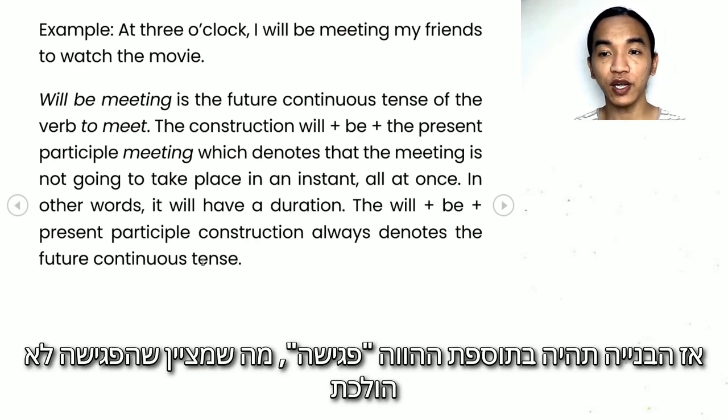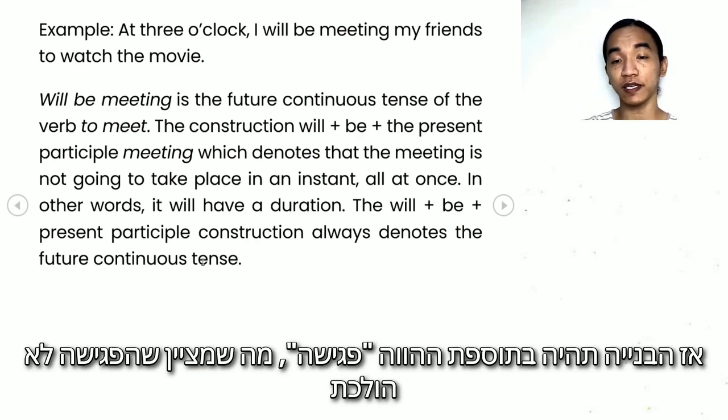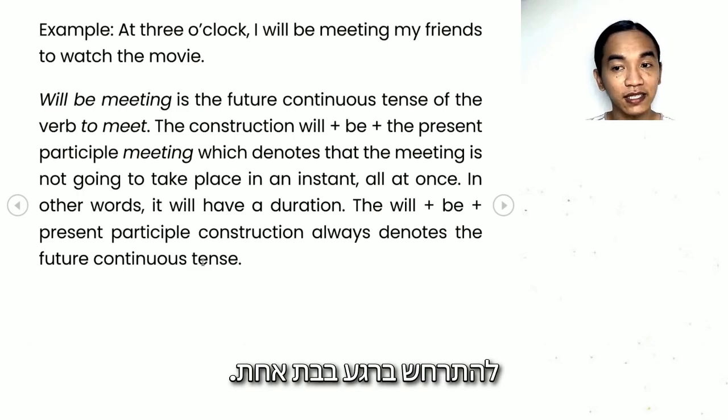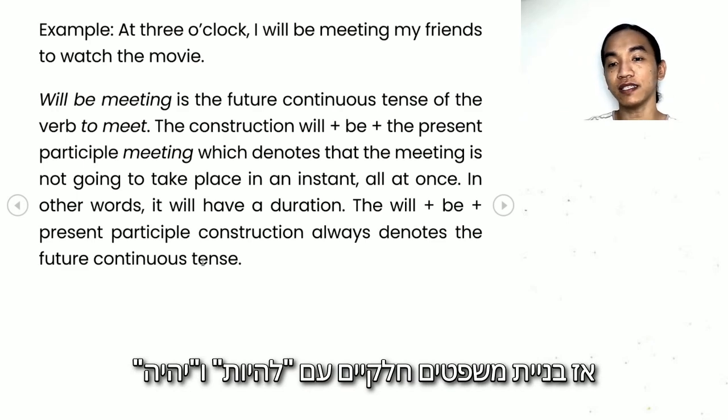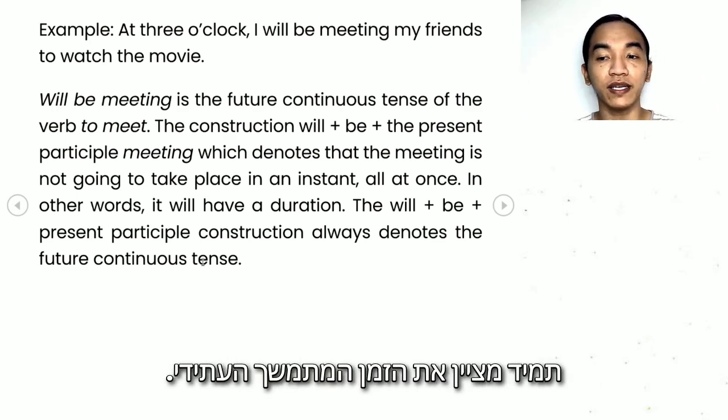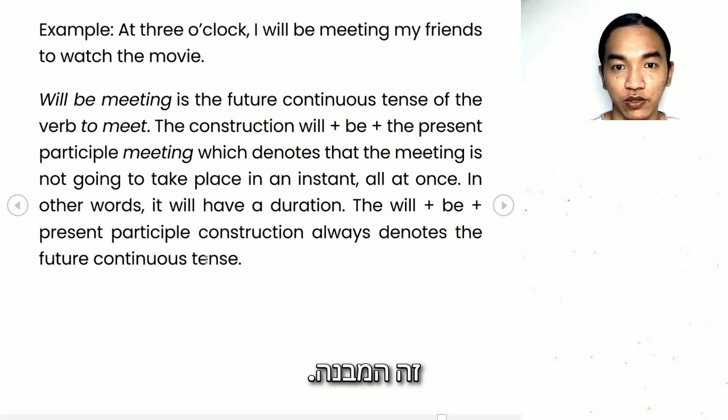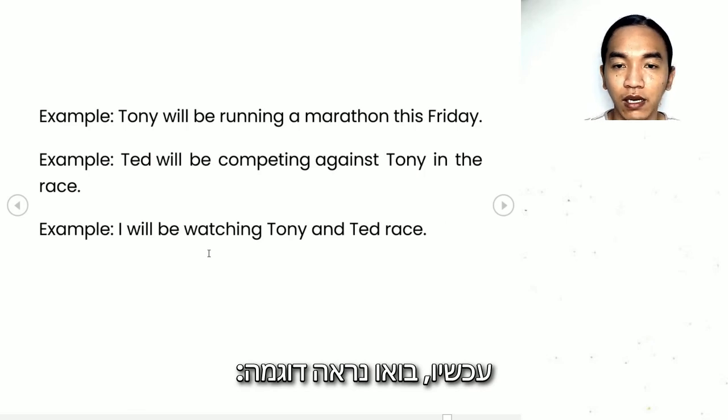So the construction will be plus the present participle meeting, which denotes that the meeting is not going to take place in an instant, all at once. In other words, it will have a duration, it will continue. So the will be plus present participle construction always denotes the future continuous tense. This is the structure.